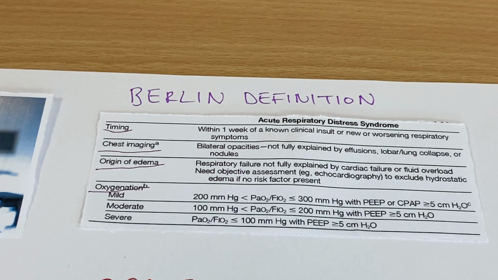The second is chest imaging, so if you were to do a chest x-ray or a CT scan, you should see bilateral opacities. The origin of edema is the third criterion, and this is described as respiratory failure not fully explained by cardiac failure or fluid overload. And then the fourth is oxygenation, so patients are dichotomized into 3 different categories, namely mild, moderate, or severe, based on the severity of their oxygen deficit.